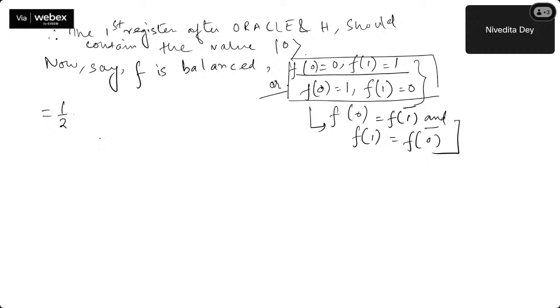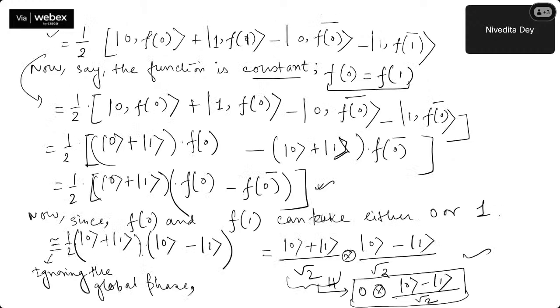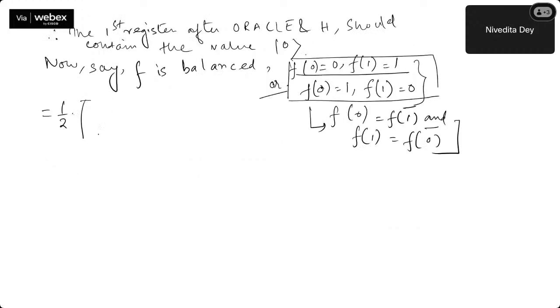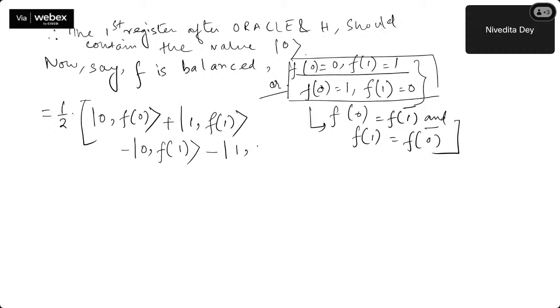So in the equation, in place of F0 bar and F1 bar, if I replace them with F1 and F0, then what does it become? 0 F0, 1 F1, 0 F1 and 1 F0. Right? Simple, the same thing I'm just writing. So it will now become half of K0 F0 plus 1 F1, minus 0 F0 bar, which is now F1, and 1 F1 bar, which is F0.